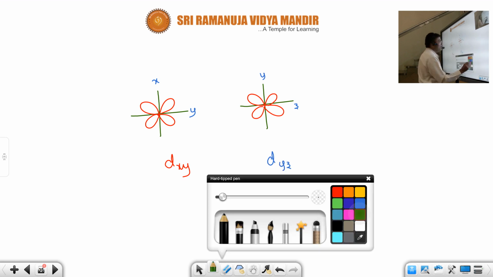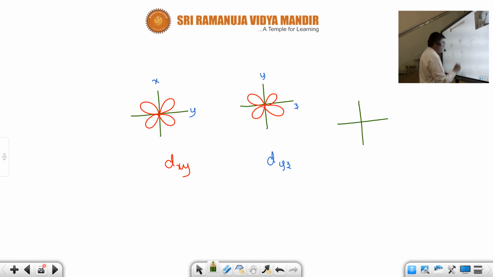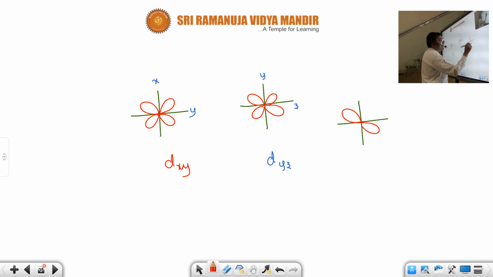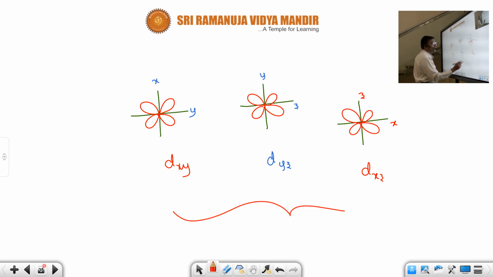Now, let us take another lobe here. Now, the lobes are in between the axis. Already conveyed. So, in between which axis? Here it is x, this is z. So, this is called dxz orbital. So, these 3 orbitals have lobes in between the axis.